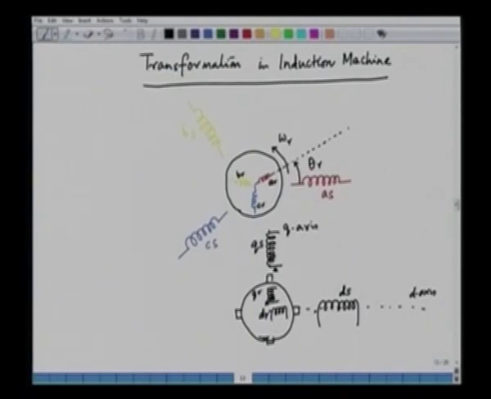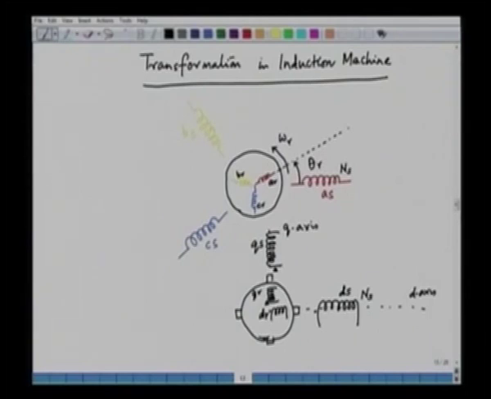The original machine has the number of turns per phase NS here, and this number of turns we can call also NS. So, we can assume that the number of turns of the actual machine is the same as the number of turns of the DQ machine. The DQ machine is a hypothetical machine.